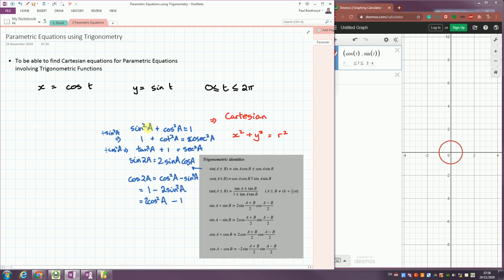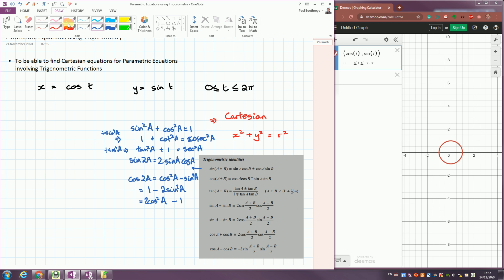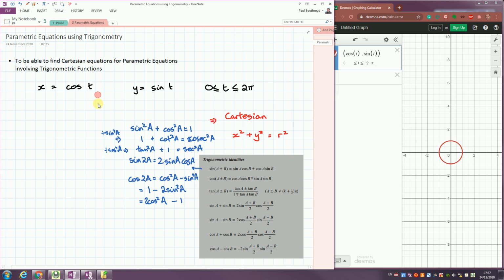Sin t replaces the sine squared A, and we use that identity to give us our Cartesian equation. So sine squared t is y squared, cos squared t is x squared, and using that identity we get y squared plus x squared is equal to 1.